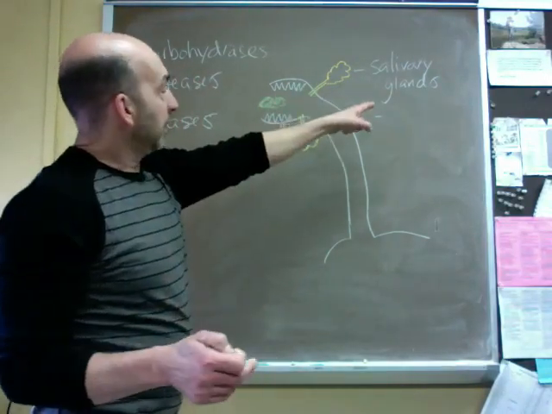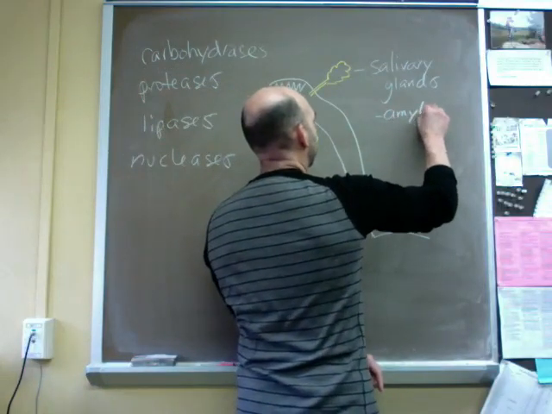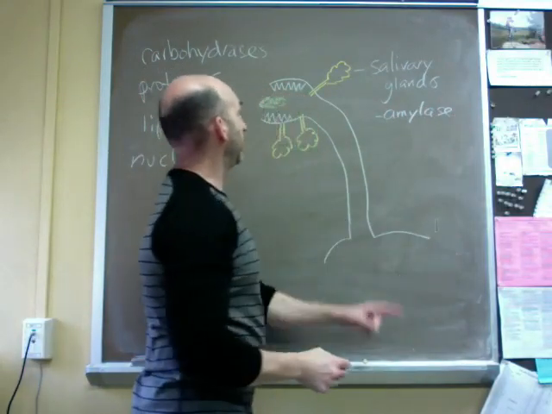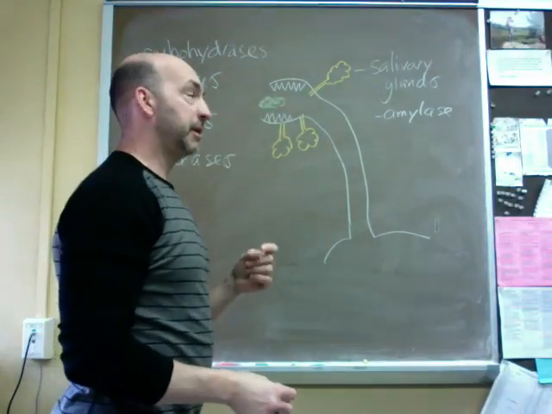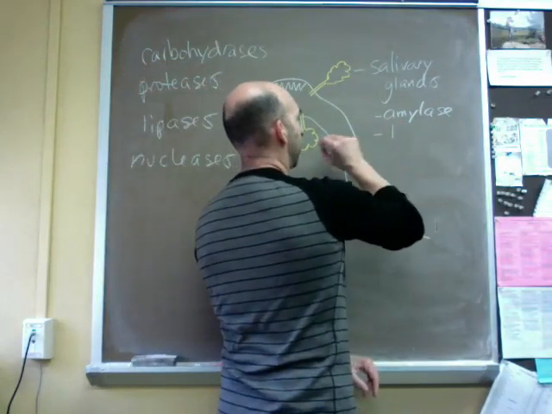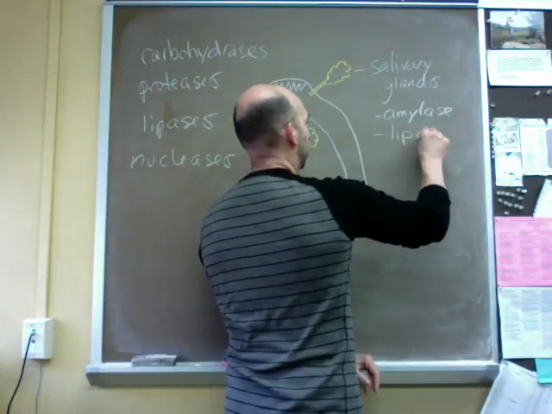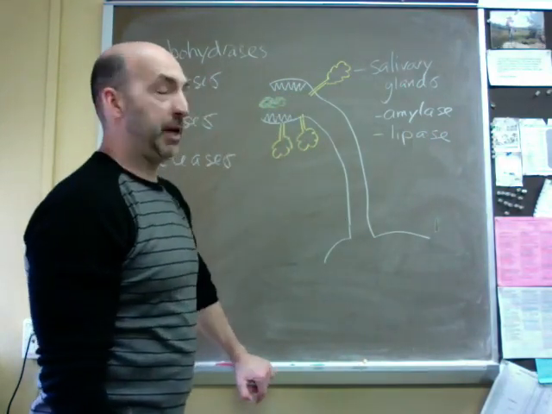Okay, so the salivary glands include amylase, which is a carbohydrase. So we've got the ability to digest carbohydrates coming with saliva. And one of the glands also produces a lipase.